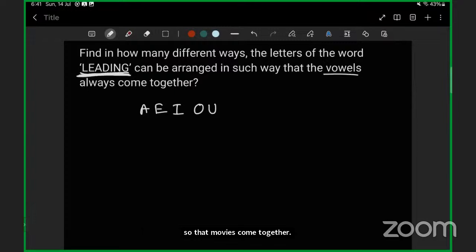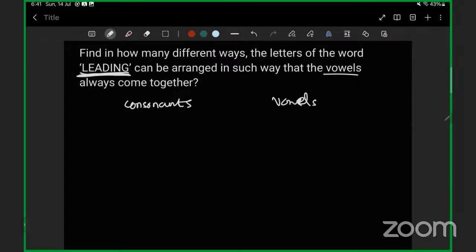We have to group the vowels together and add the group to the remaining letters. So I'll write consonants and vowels. In LEADING, L is a consonant, E is a vowel, A is a vowel, D is a consonant, I is a vowel, N is a consonant, and G is also a consonant.